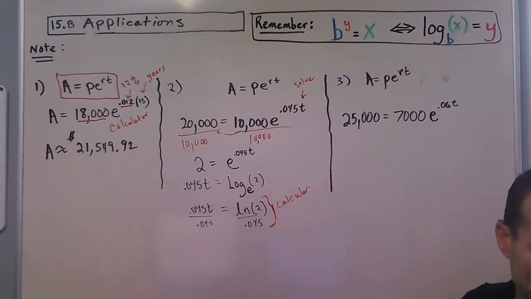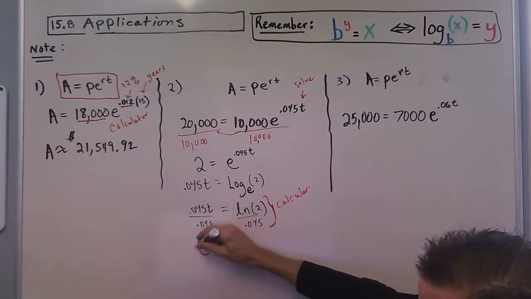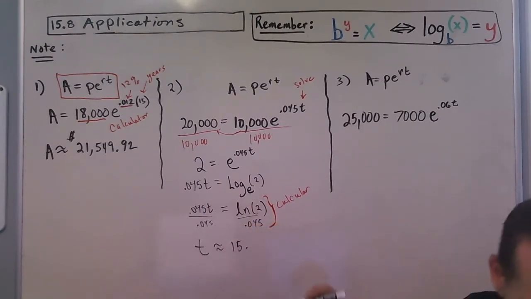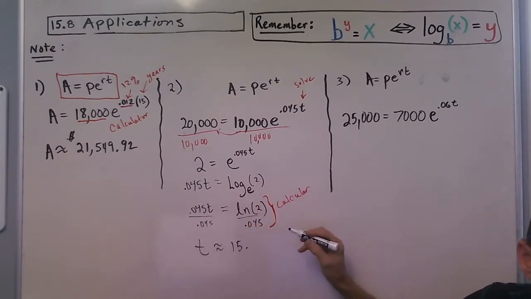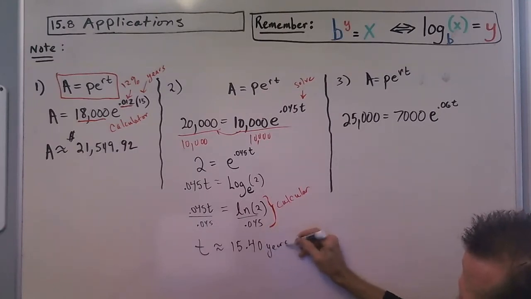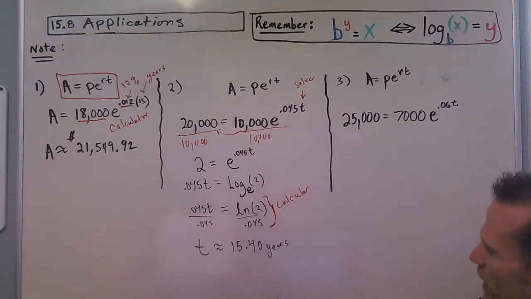And we come up with t is approximately 15.40 years. So the money would double, $10,000 to $20,000, in about 15 years.